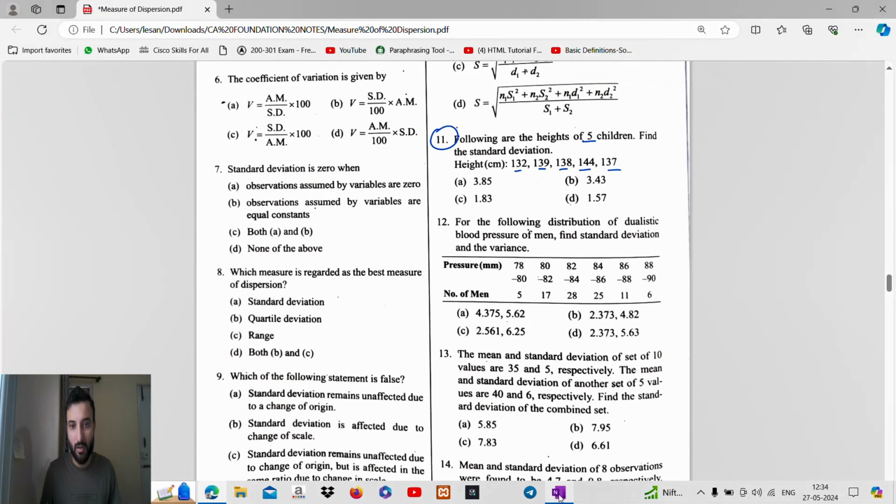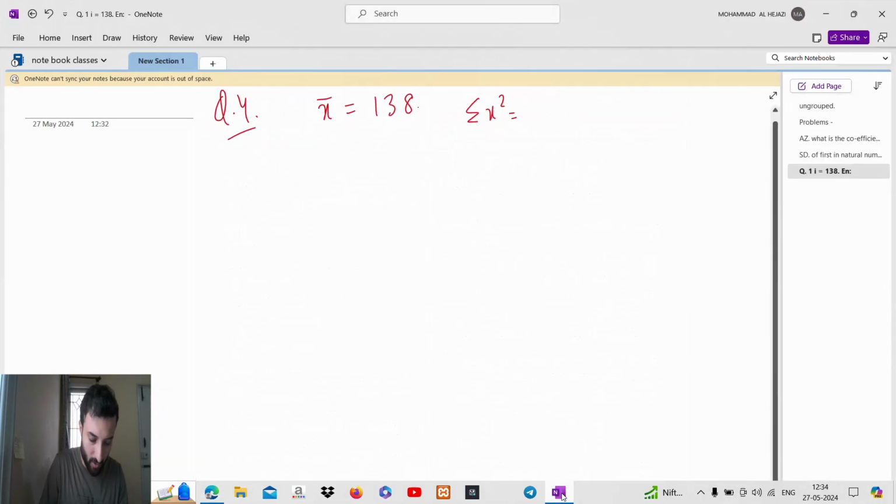132 whole square, because summation of x square.